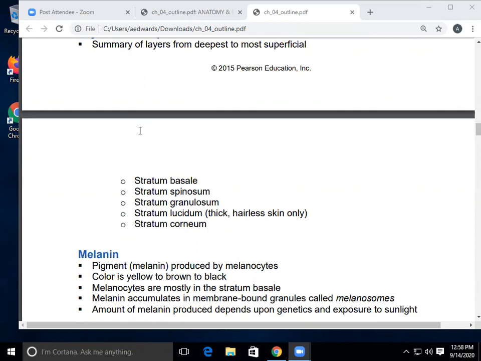Okay. So corneum, lucidum, granulosum, spinosum, and basale.